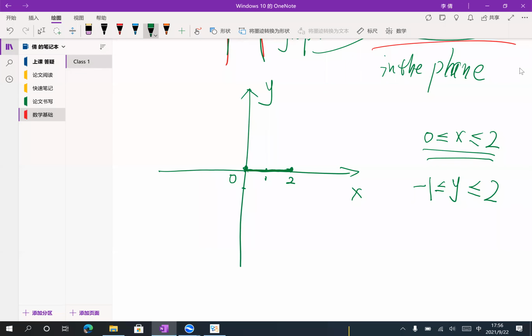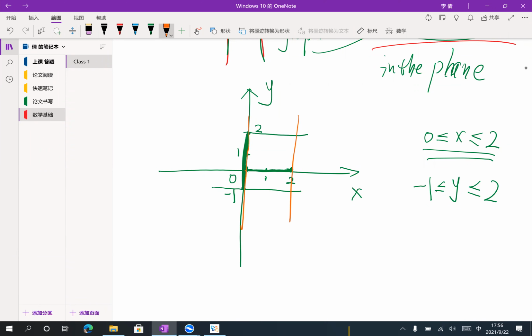So if we draw, this is -1, this is 1, and this is 2. So all the points' y coordinates will be between these values, okay? So the y axis values must be between these points, and the x axis values must be between 0 and 2, right?